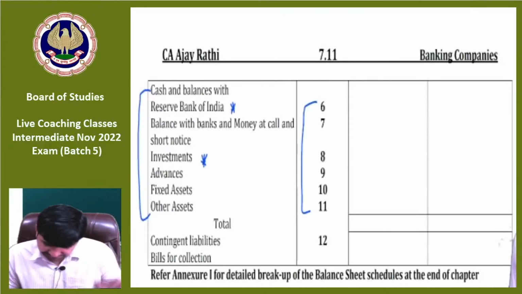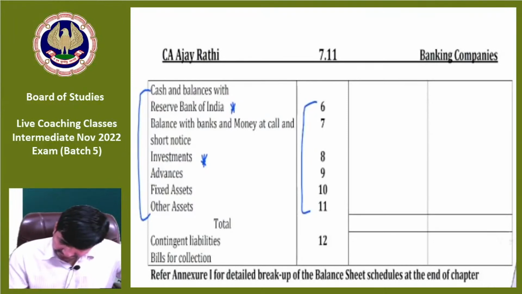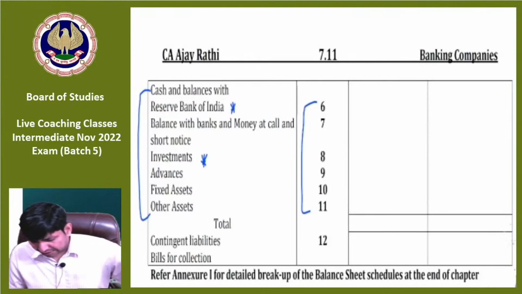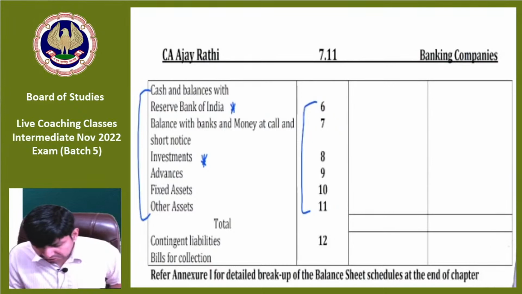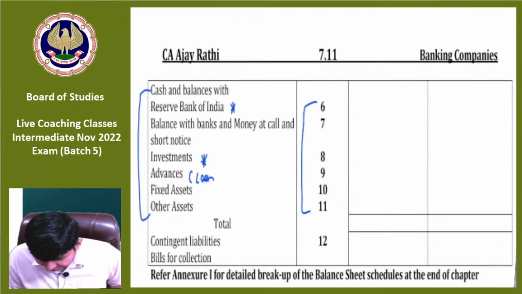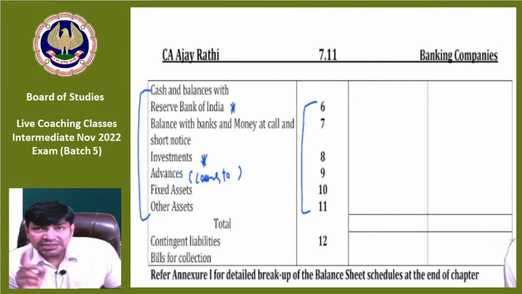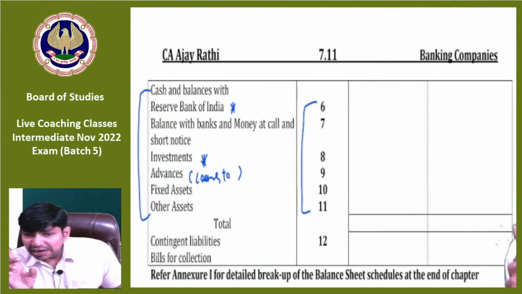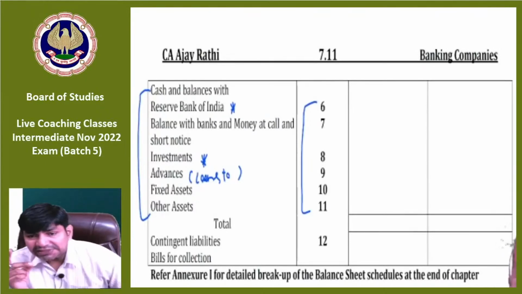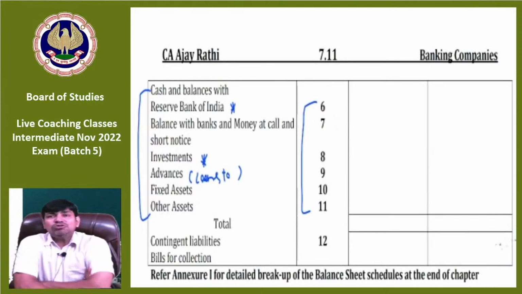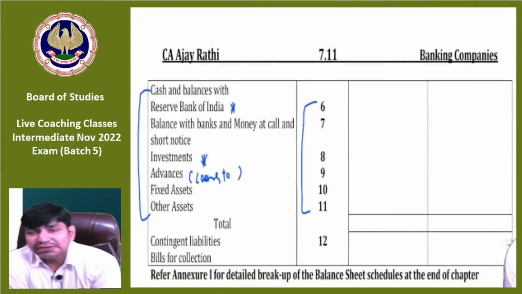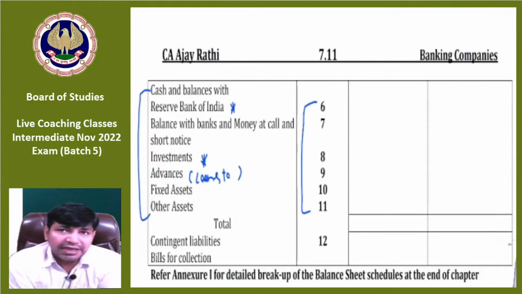Anyways, advances, all the loans given, come under this head. Loans given to the public in different ways are considered in this head. The word advance here represents the loans given: housing loan given to a customer, business loan given to a customer, MSME loan given to a customer.